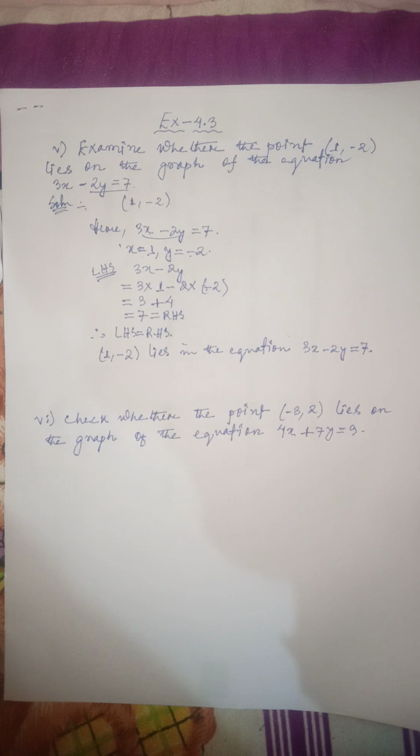And after putting all this, let us compute the left hand side and examine whether the value that we got in the left hand side is the same as the right hand side. If it is same, then we can conclude that this point lies on this equation. If it is not, then we'll say that this point doesn't lie on this equation.